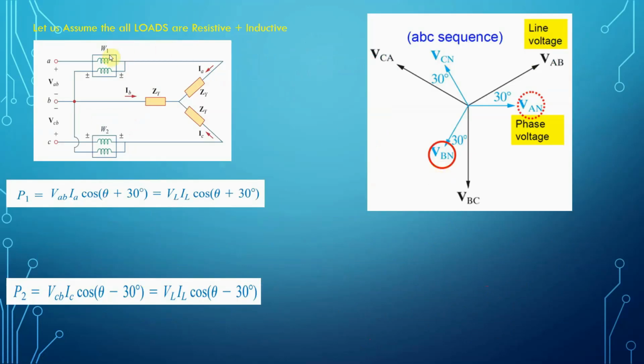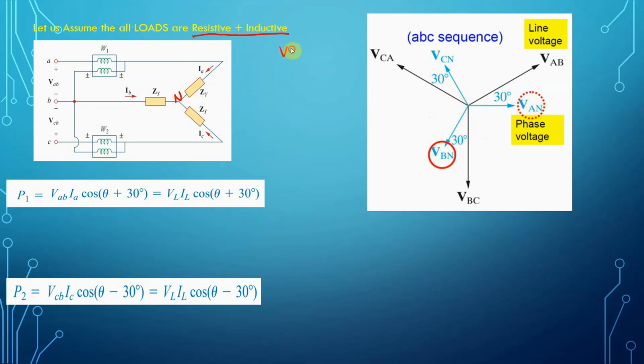Okay, so we all know from previous discussion, let's just assume that the load we have is a resistive load with an inductive load, right? So now this is the phasor diagram of this circuit. We have VAN. So this is our A, this is our neutral here, and VAN angle.